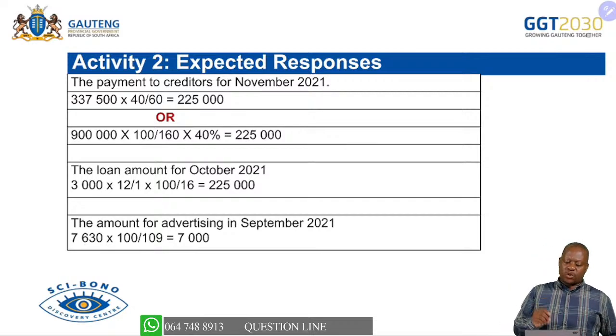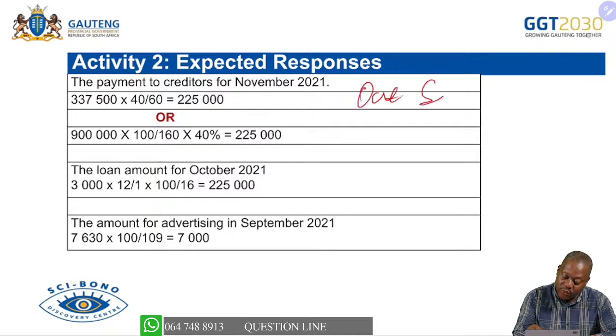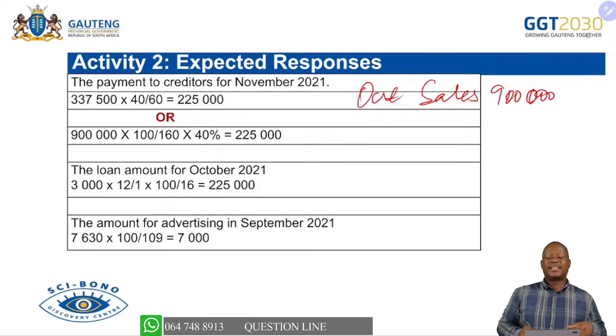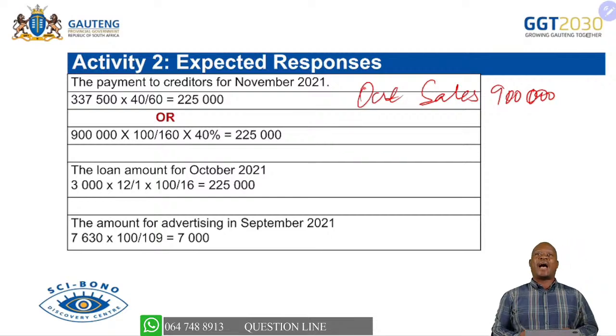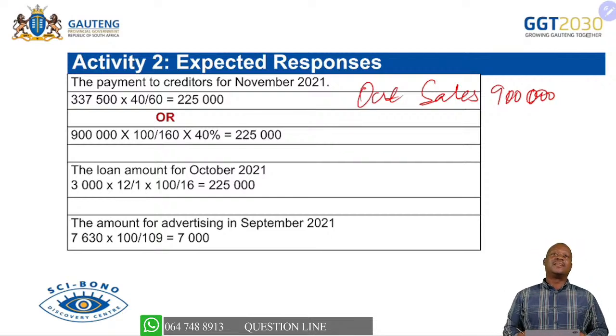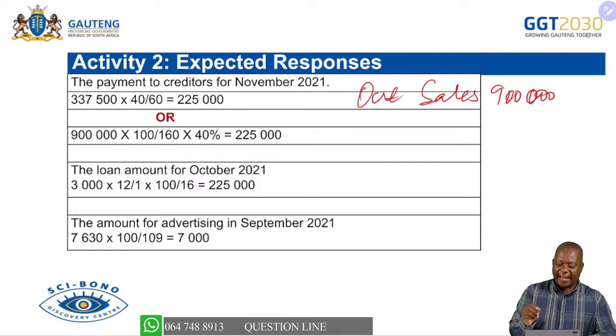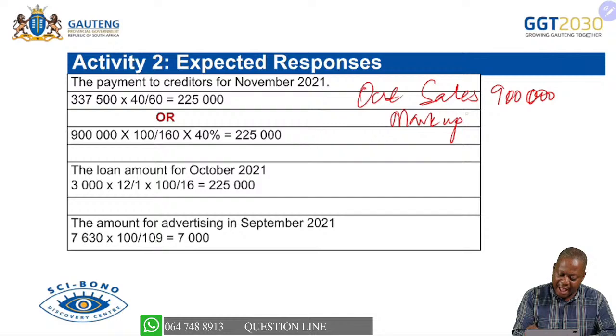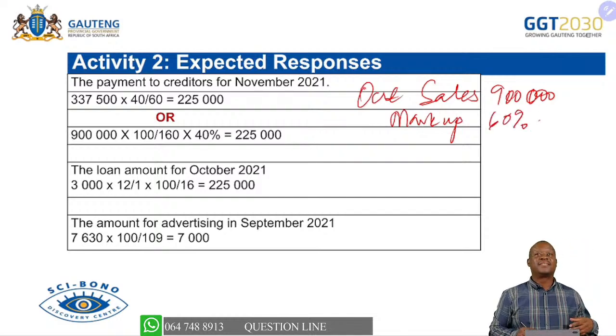Now, according to the information that we are given, the sales for October are 900,000. And then we are given the markup, and the markup is 60%. Now, why are they giving us this information?